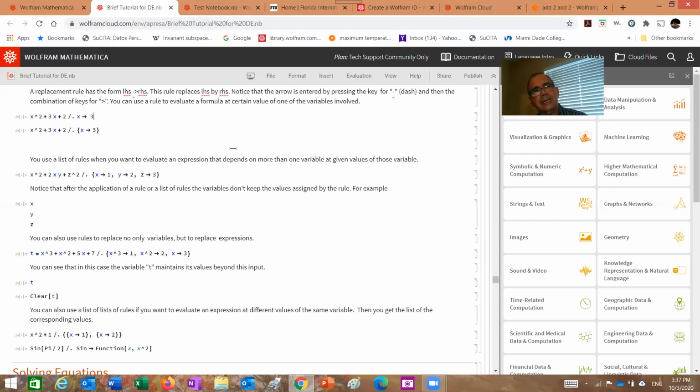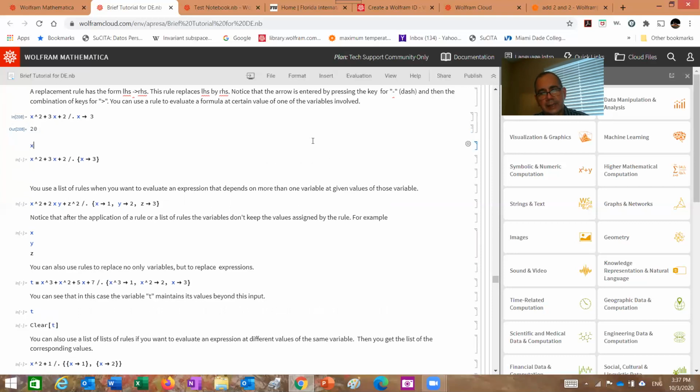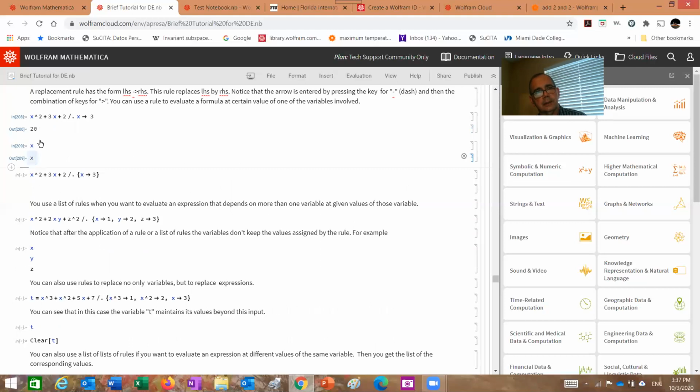But later, the x doesn't have any value again. So you press enter, you get what? You get 20. This means that x to the second, 3 to the second is 9, plus 3 times 3 is 9, 9 plus 9 is 18, plus 2 is 20. Now, as I was telling you, if you enter the x again and you press enter, you see that there is no value for the x.